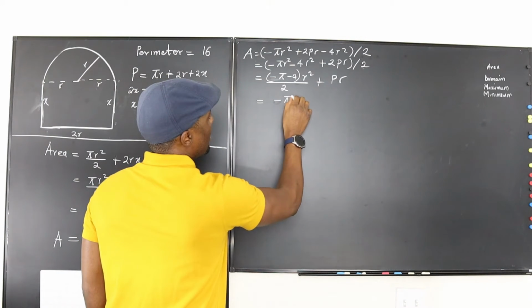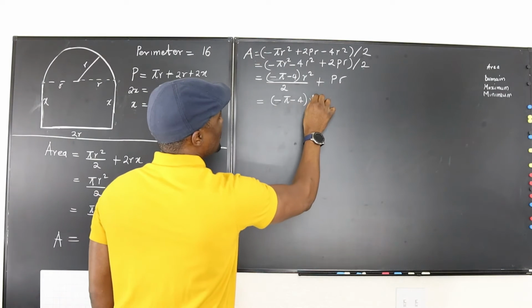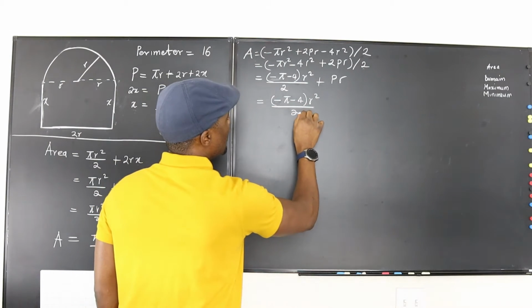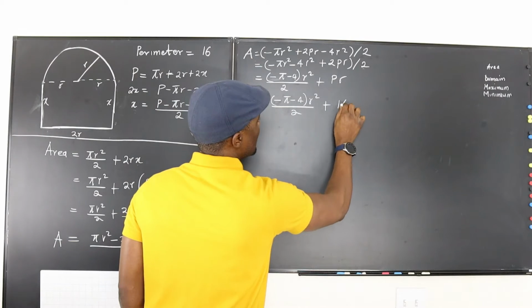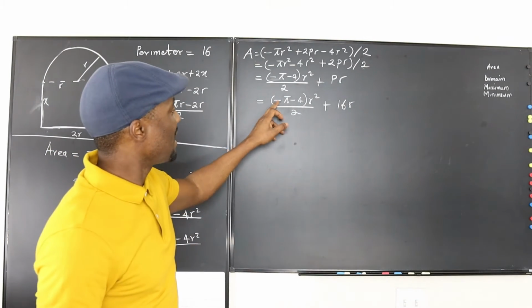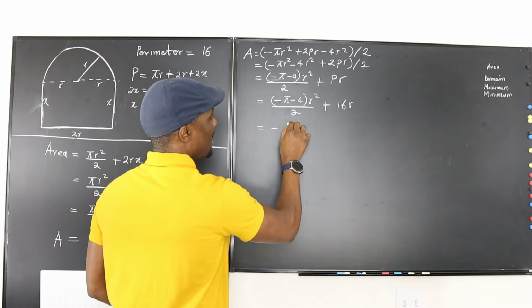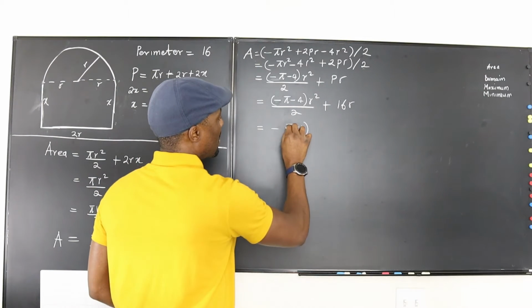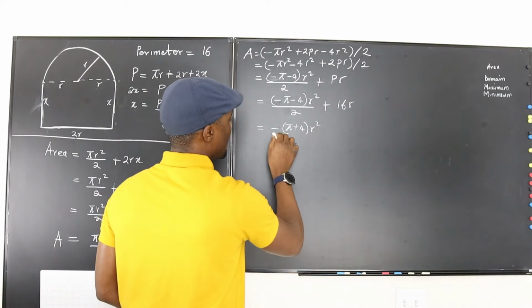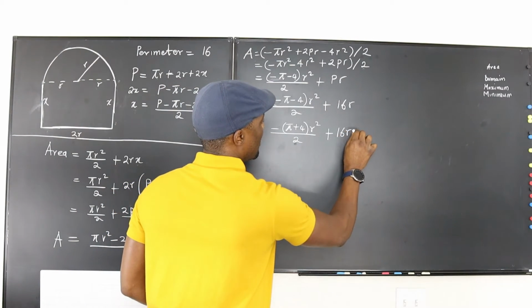Negative pi minus 4 r squared over 2 plus 16r. This doesn't really look pretty. Let's take out the negative sign. So it's going to be negative pi plus 4 r squared over 2 plus 16r.